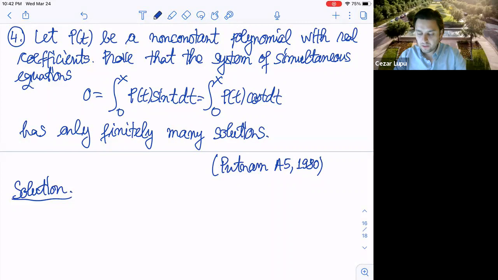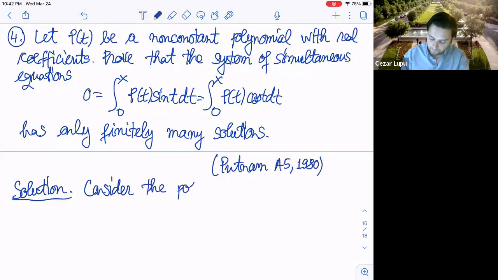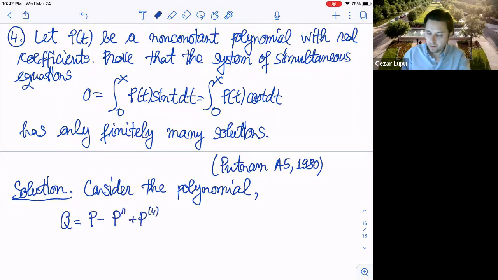All right, let's see. The main idea is to consider this very tricky thing. So we consider the polynomial Q, and I'm going to write it in this way. It's going to be P, and I'm going to take minus the second derivative plus the fourth derivative of P, minus and so on.